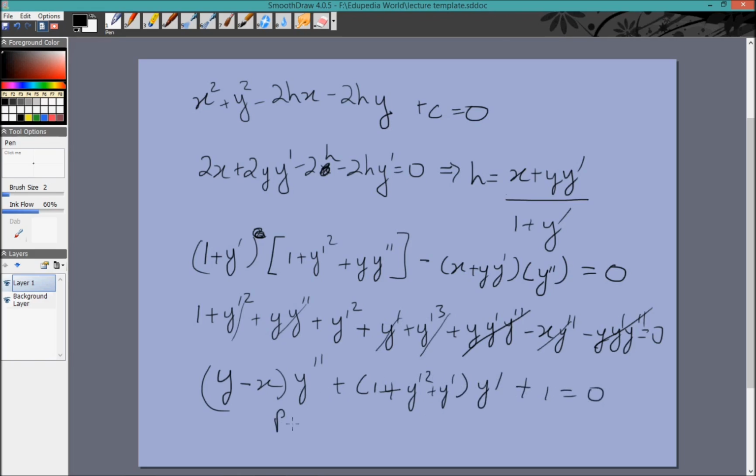And we are given that this is of the form p y double dash plus q y dash plus 1 equal to 0. So that means p is equal to y minus x and q is equal to 1 plus y dash square. So p is y minus x and p plus q will be 1 plus y dash square plus y minus x. So which makes the answers B and C.